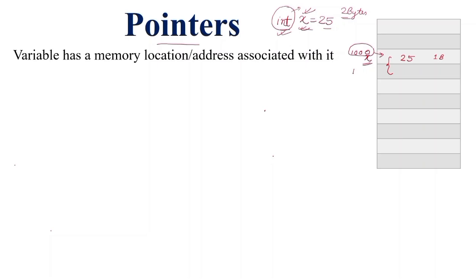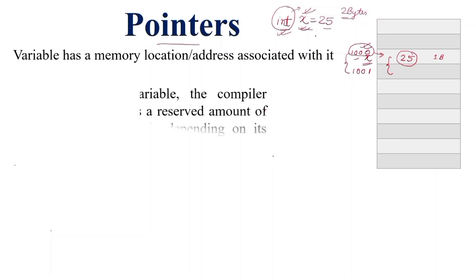What will be the address of the next cell? 1001. So the value 25 is associated with both addresses, but the starting address is 1000. This happens when you assign a value to a variable.